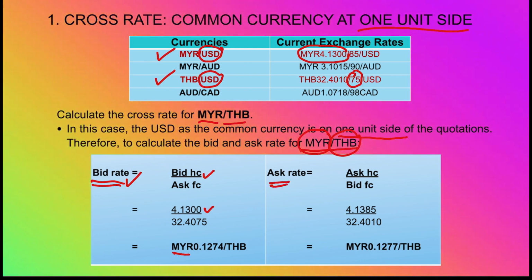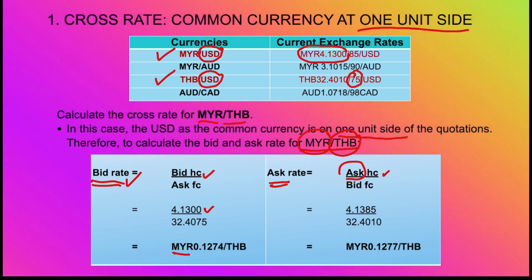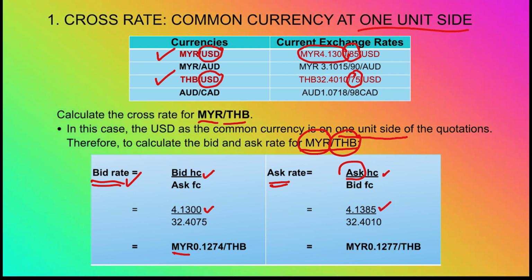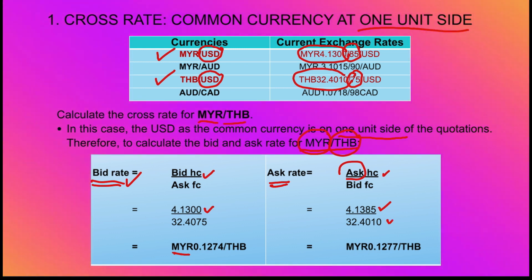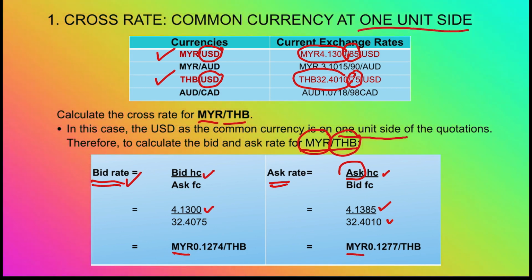To get the ask rate, it is ask home currency divided by bid foreign currency. Here, ask home currency is 4.1385, and bid foreign currency is 32.4010. So you will get Malaysia Ringgit 0.1277 per Thai Baht. This is for the ask rate.